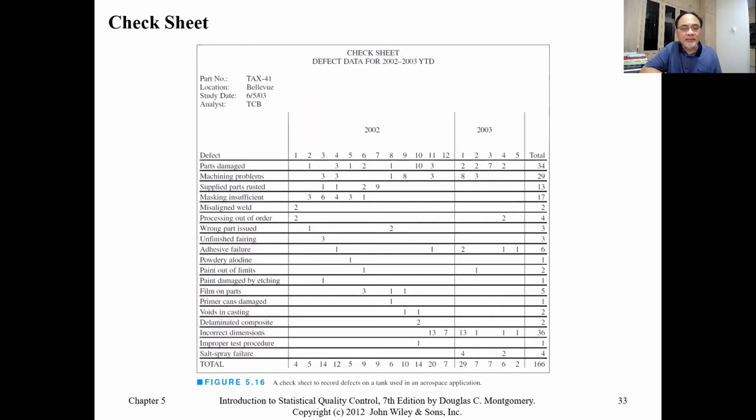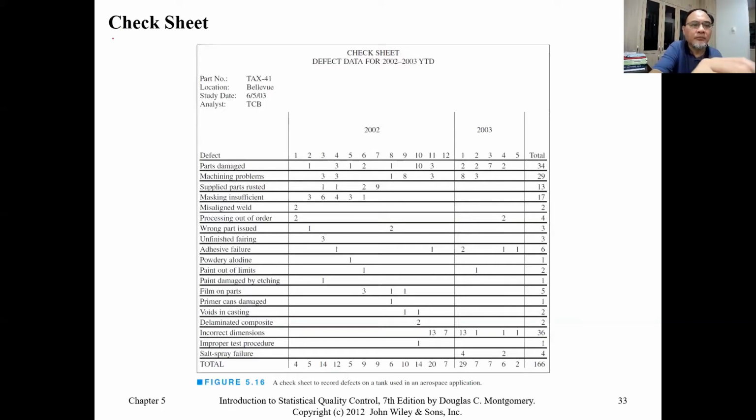So a check sheet can be used to record all the defects that are happening in the process, whether it is a production process or service process. You can always design a check sheet to collect data.